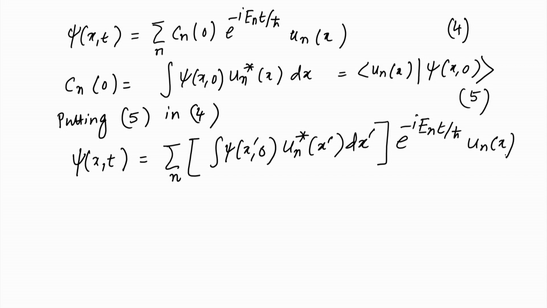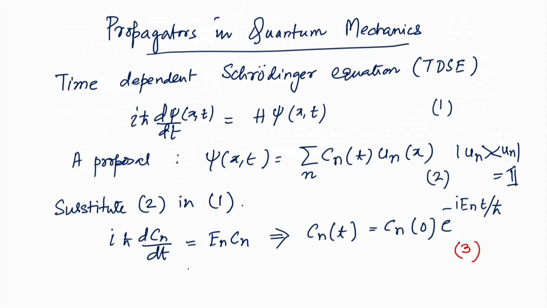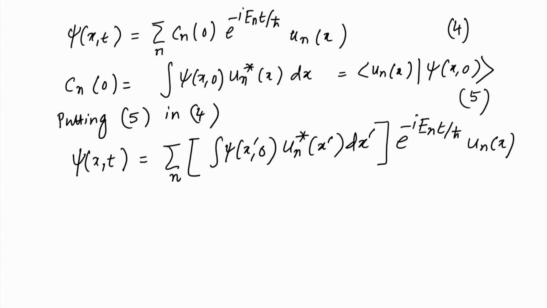Just to remind you that this u n star is actually the complex conjugate of u n, and when we write this definition, it is implicitly assumed, in the definition in 2 for the wave function, that the u n's are complex quantities. So there is a u n and there is a u n star, and both would be existing.